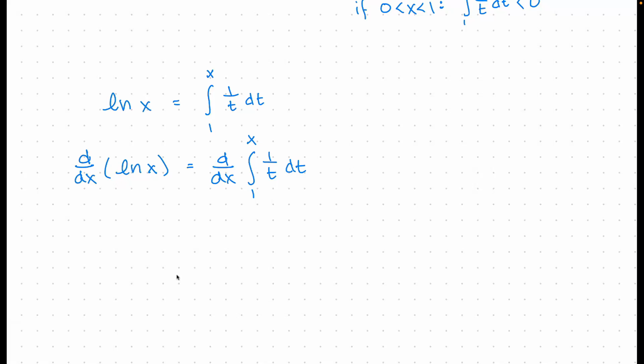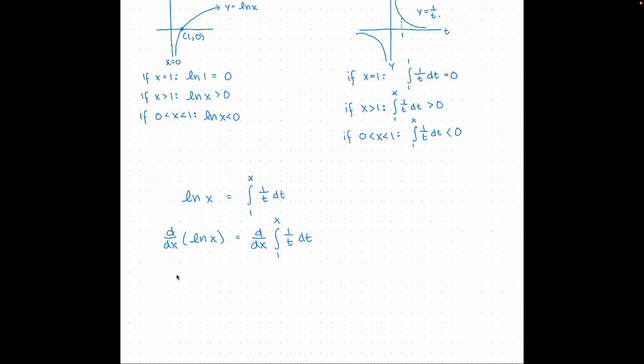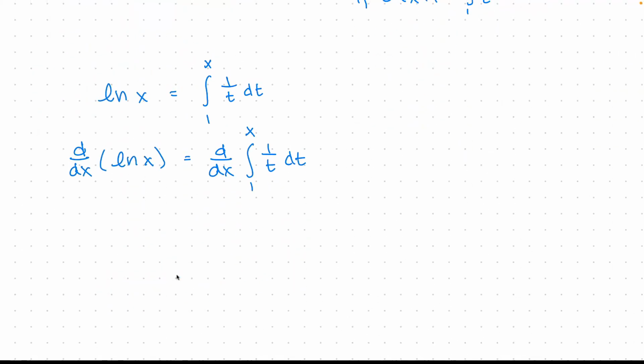Now on the left-hand side, I don't know what the derivative of the natural log of x is, so I can't really do anything with it except write the derivative of the natural log of x again. But you should be able to tell me what the right-hand side is.